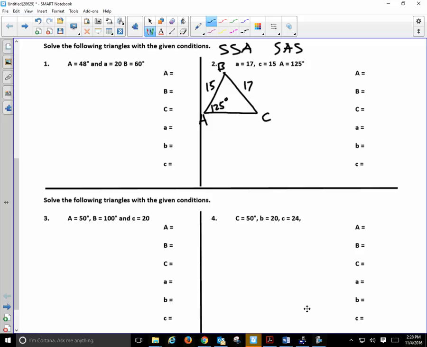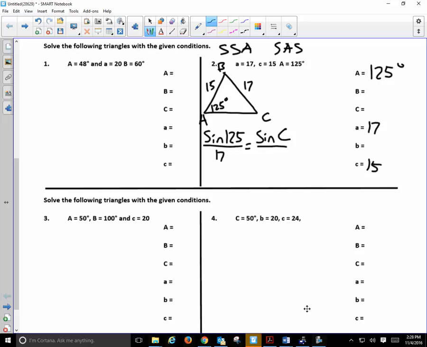So let's write it out. I got 125. C is 15. A is 17. So I go sine of 125 divided by what? 17 is equal to, what would you like to find now? Do I have a choice? What do I have to choose for an angle?